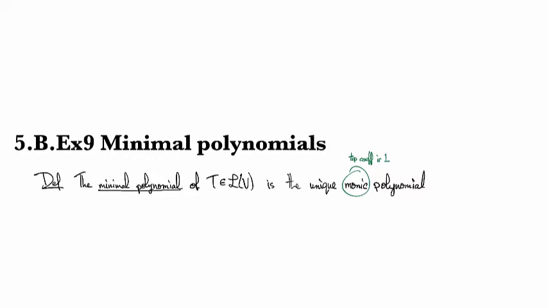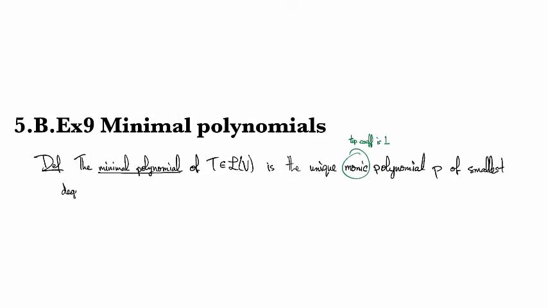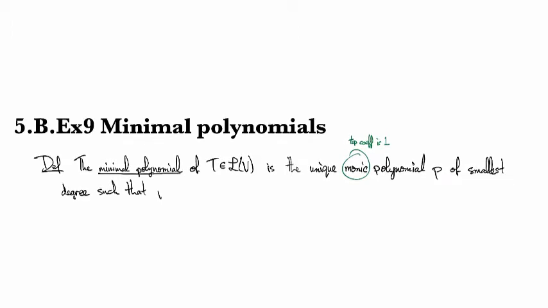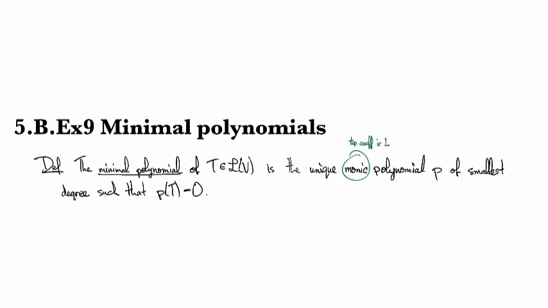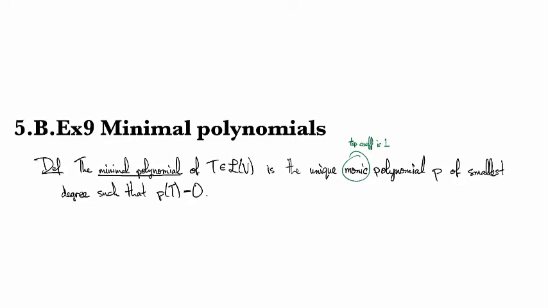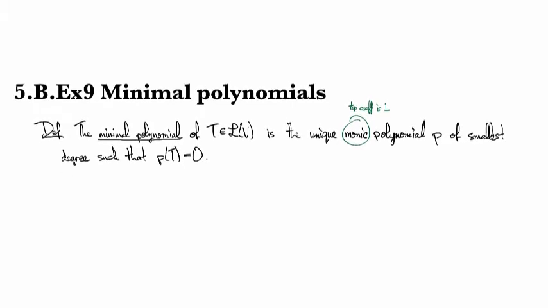So the unique monic polynomial P of smallest degree such that P of T is equal to 0. Okay, and so in the proof of the result that we did before, we saw something sort of hinting towards this.